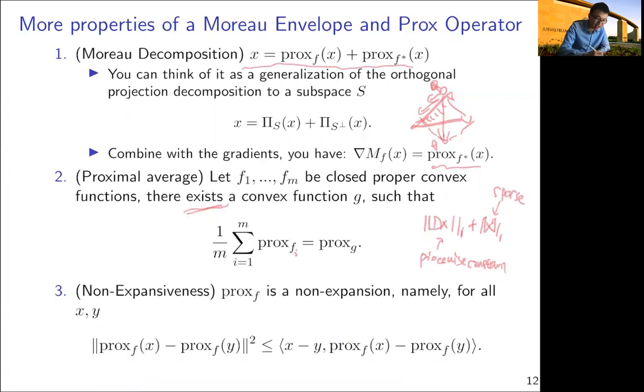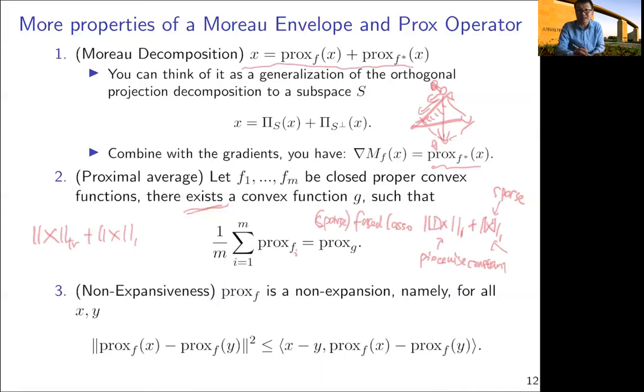People give this a name: this is called fused lasso. I would call it sparse fused lasso because this term is a sparsity term. You can also do this for matrices when you want simultaneously low rank and sparse. You can design a function like this.